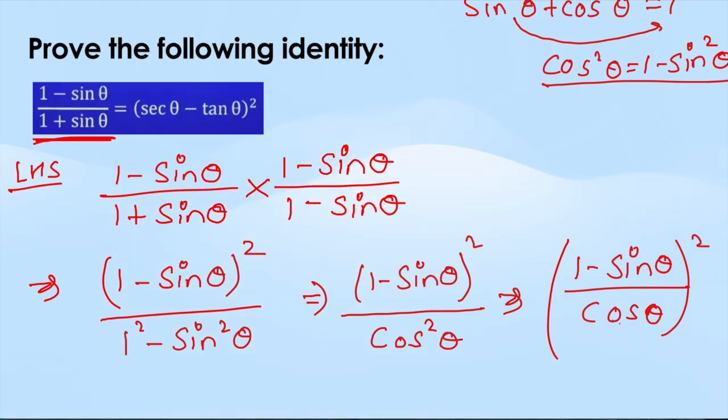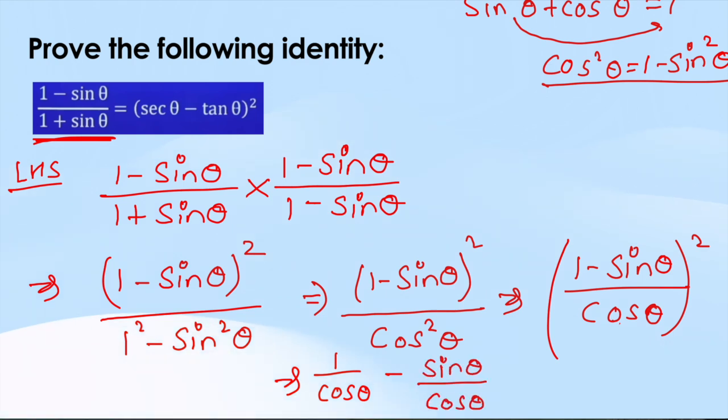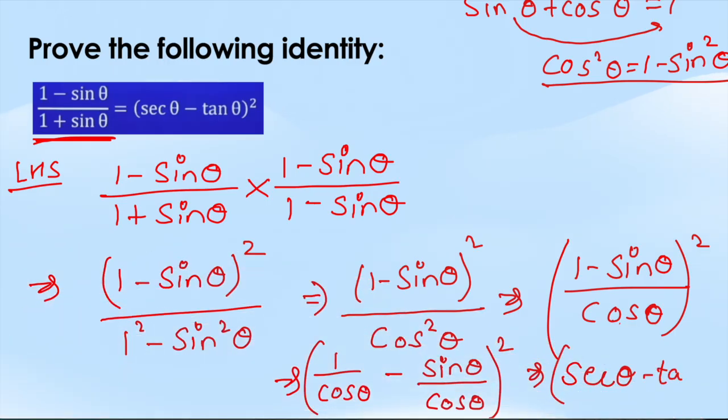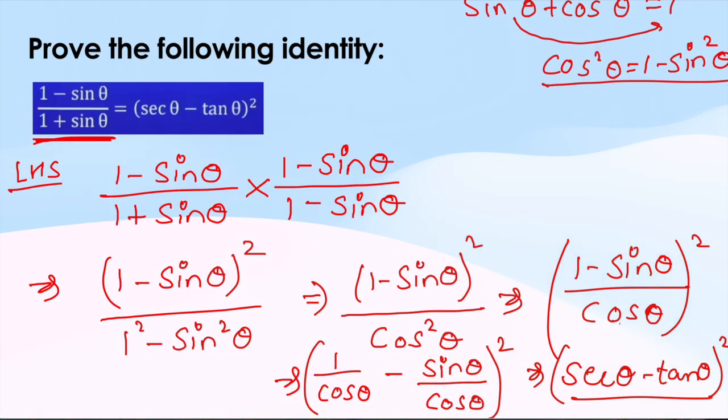So I can write it as 1 by cos theta minus sine theta by cos theta. What is 1 by cos theta? It is sec theta. And what is sin theta by cos theta? It is tan theta and the whole square. And that is equals to the RHS. Clear? Hope the question is clear now.